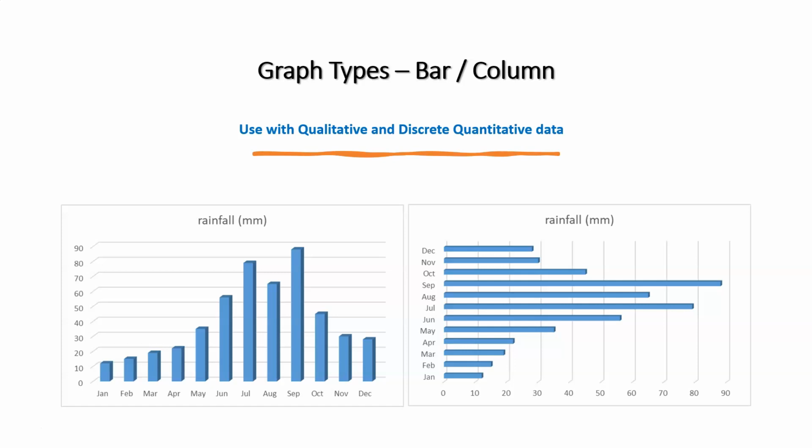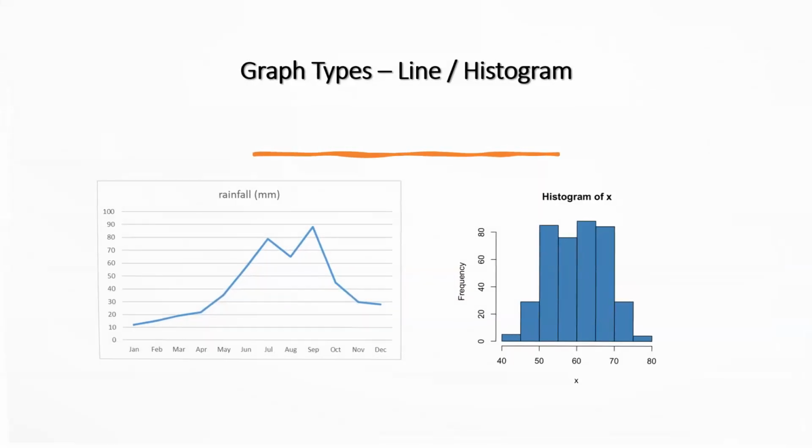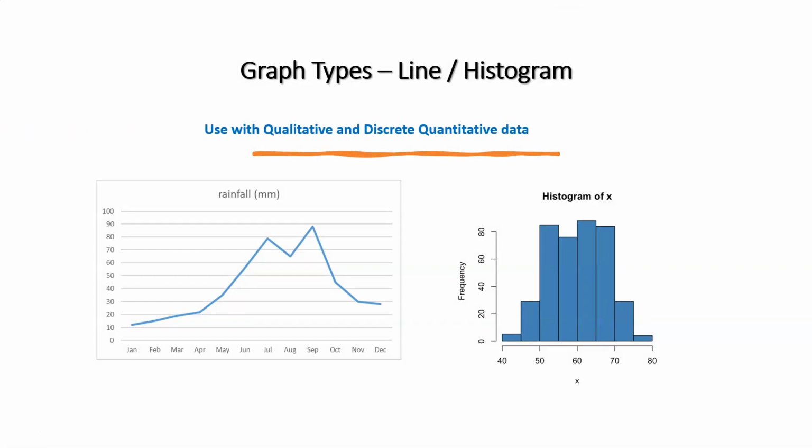So those are your uses for bar and column graphs. Line graphs and histograms are again only used with qualitative or discrete quantitative data, the same as before.